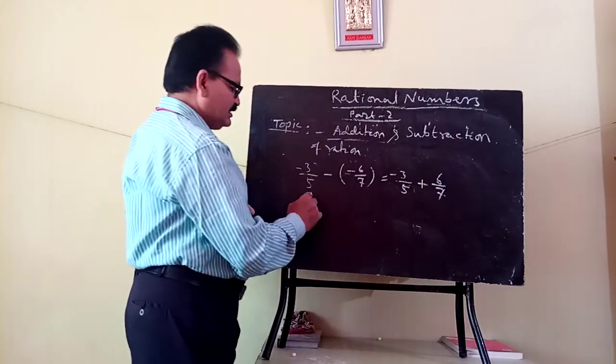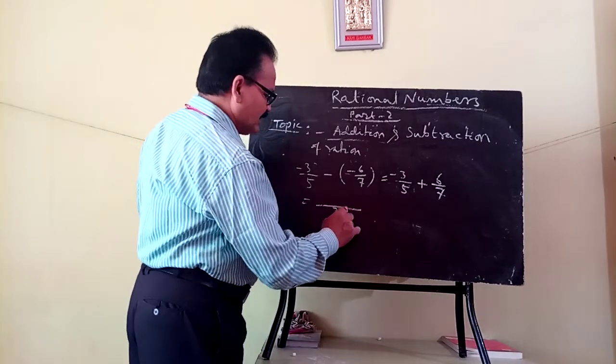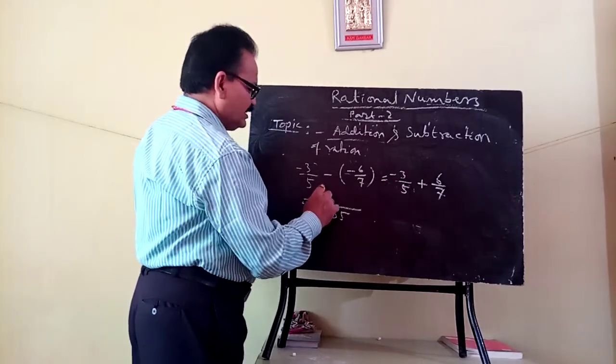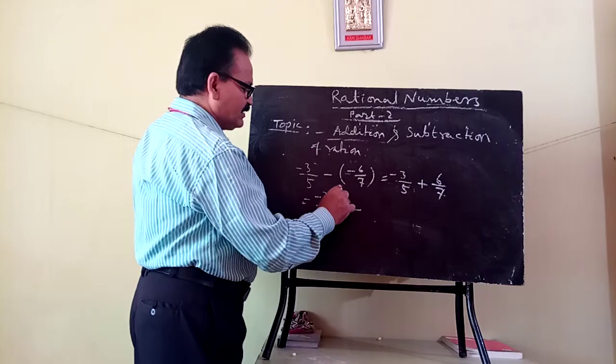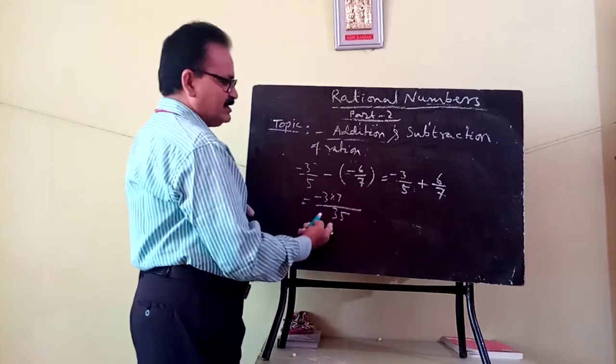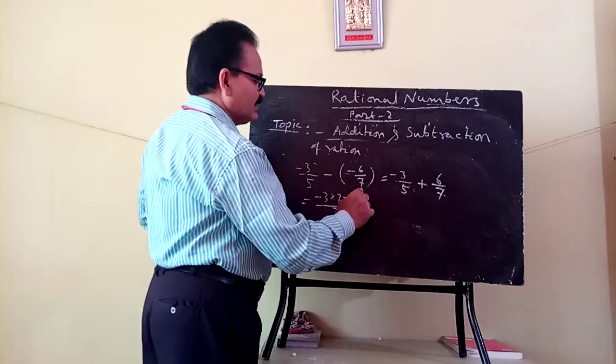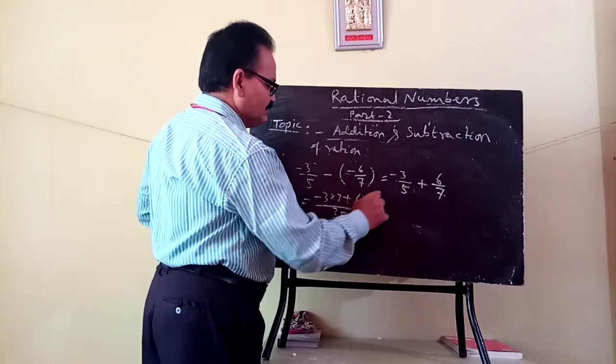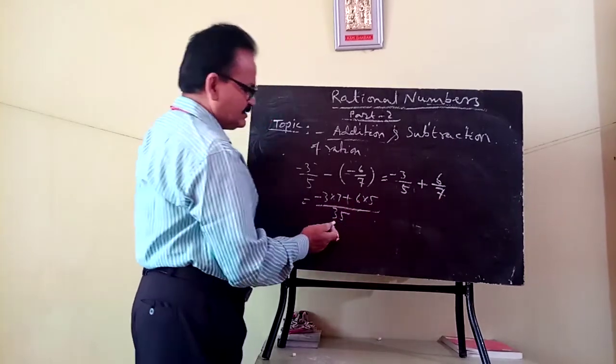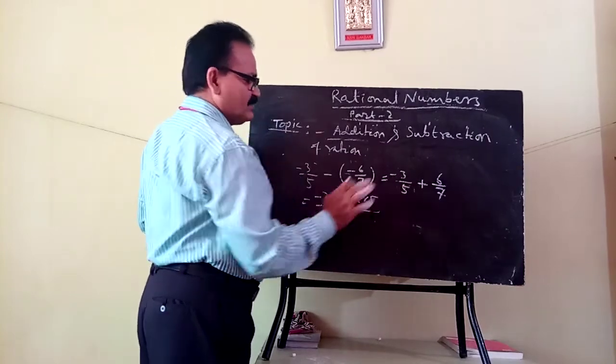In that case, your LCM is 35. Here -3 into 7, because 35 divided by 5, your quotient is 7. Put a plus sign. Then 6 into 5, because 35 divided by 7, you have got 5.